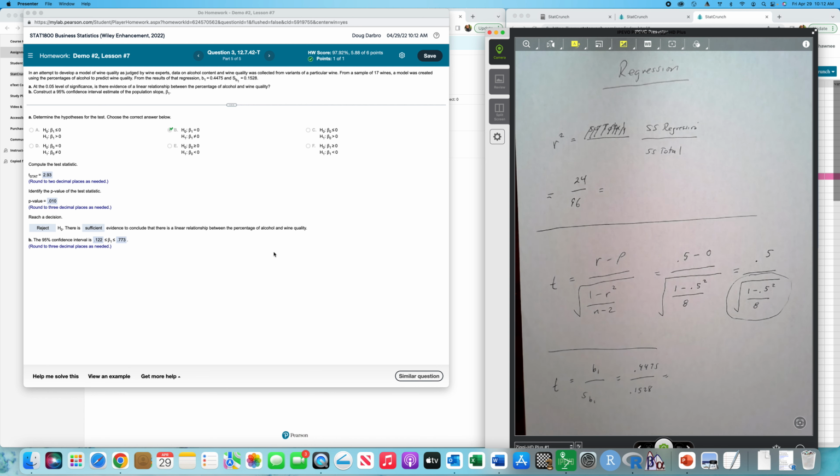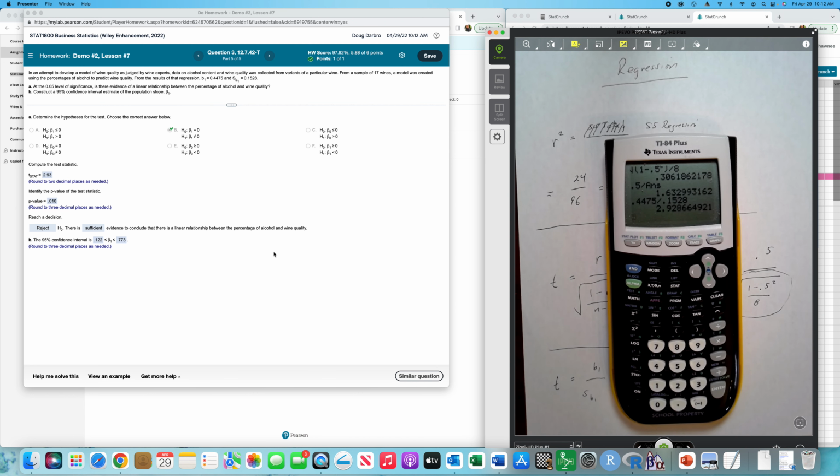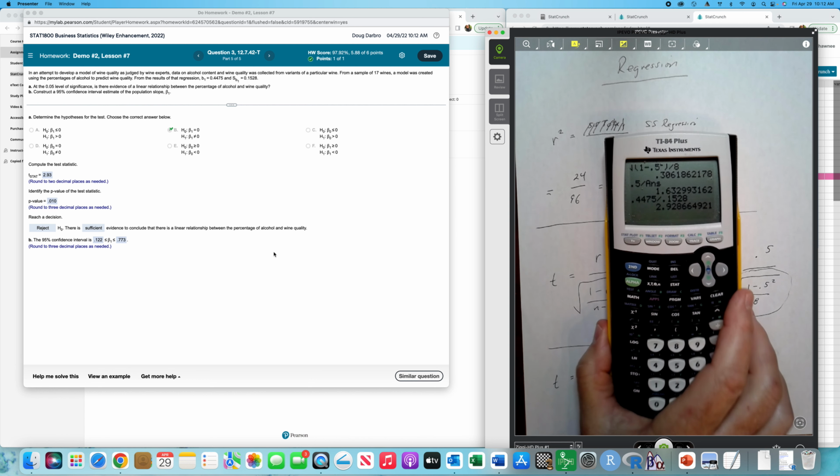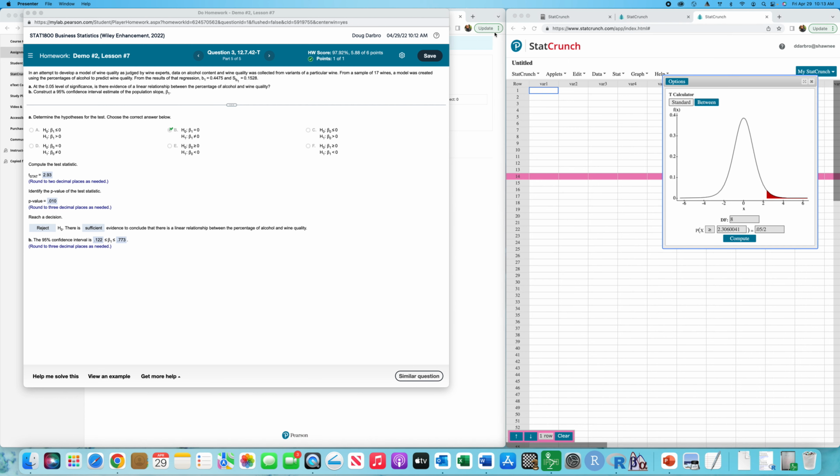And so 0.4475 divided by 0.1528. And you can see that I get 2.93. Now to find the p-value, I need to go to my calculator. So I have degrees of freedom 17, so minus 2 is 15.